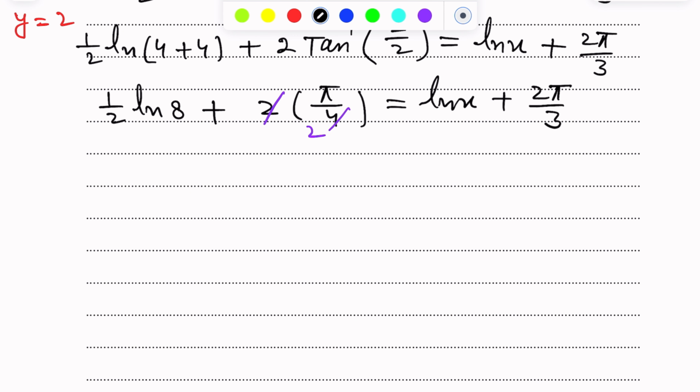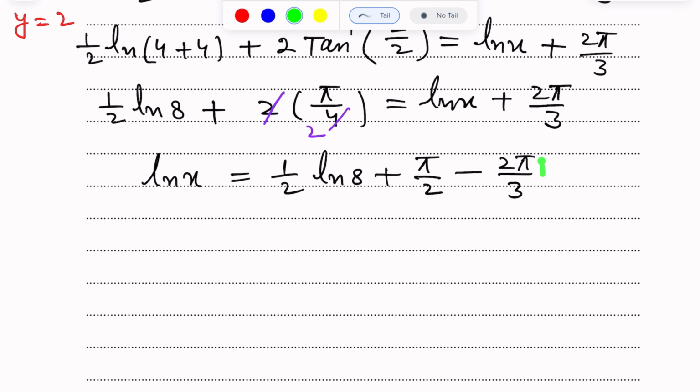We will make the x term the subject. The x term is log x, so we are making log x the subject. It will be log x is equal to 1 over 2 log 8 plus pi by 2 minus 2 pi by 3.